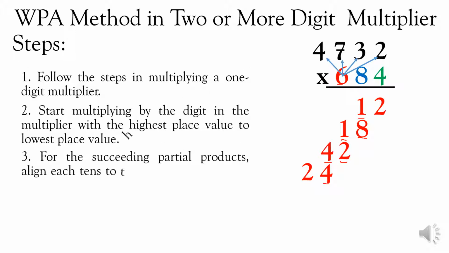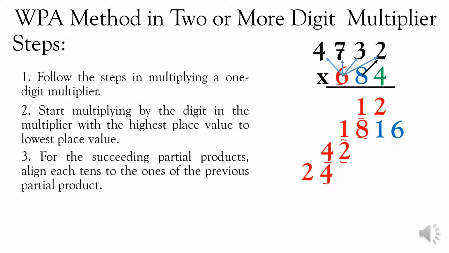In this case, we will follow the third step, which states that for the succeeding partial products, align each tens to the ones of the previous partial product. Since 8 is the second digit in the multiplier, we are going to write each first product beside 18, which is the second product of the first partial product. 8 times 2 will give us 16.